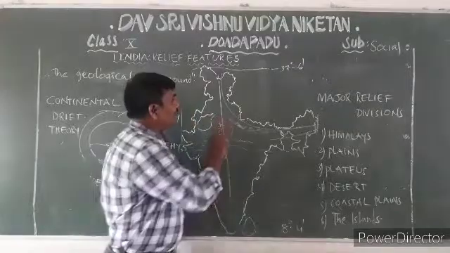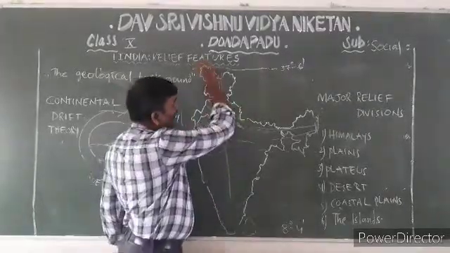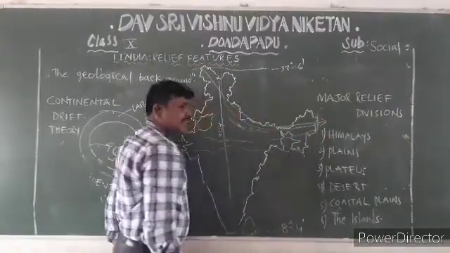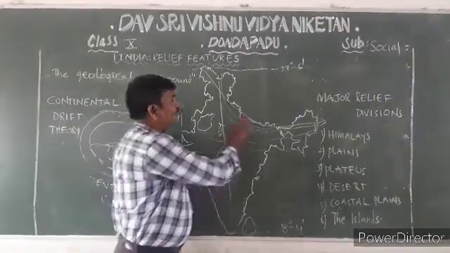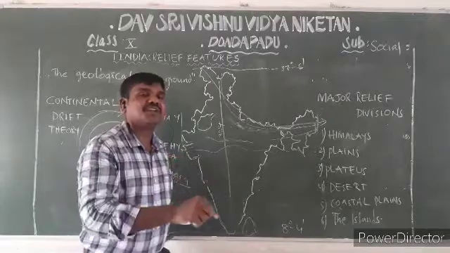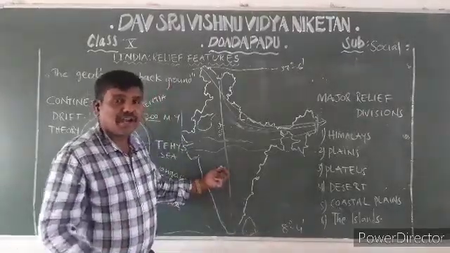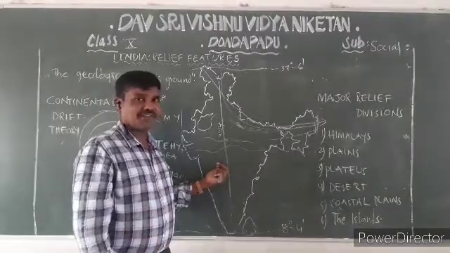So now let me explain about Himalayas. Himalayas are formed from north to east direction. I told you they contain 3 ranges. So each and every range has its own special features. In this context, you have to identify what are the special features for the first range of Himalayas.